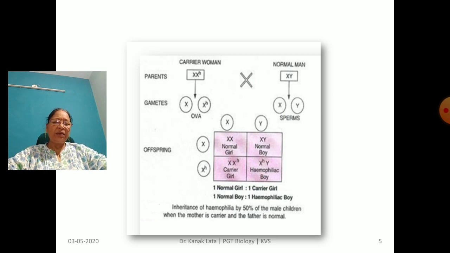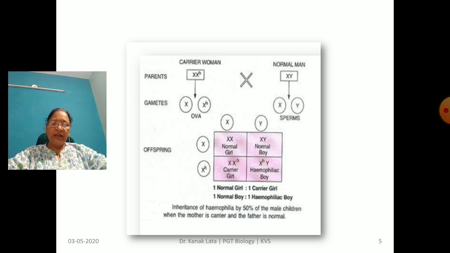Here you will see that mother is carrier having X and XH, whereas father is normal, X and Y. So mother will produce two types of ova or egg, that is having X and XH, whereas father will produce two types of sperms having X and Y. So during the formation of offspring, normal girl, that is XX, normal boy, that is XY, carrier girl, that is XXH, hemophilic boy, that is XHY, are produced in the ratio of 1:1:1:1.